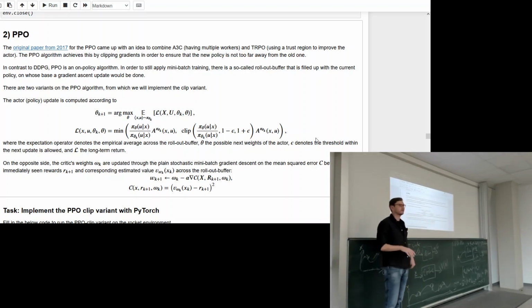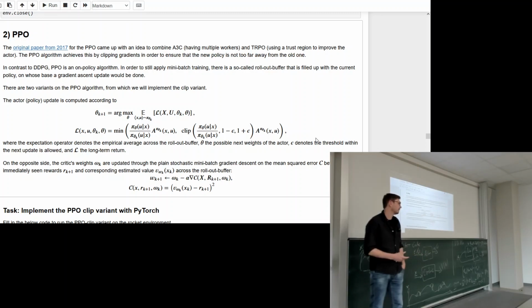So if our current policy is average, not too good and not too bad, and we perform a huge step in either direction, then we have a balanced chance of making it much worse and also making it much better, right? So we try to stop it from going this risky way and have the updates clipped.